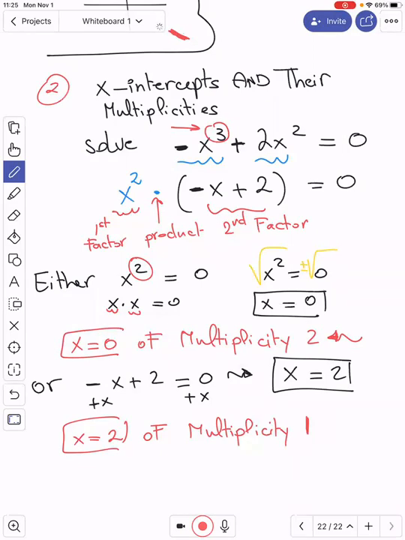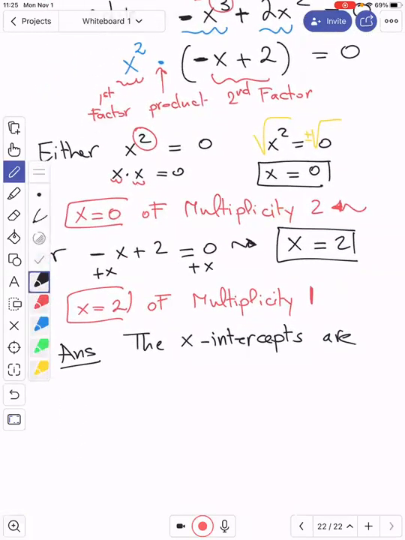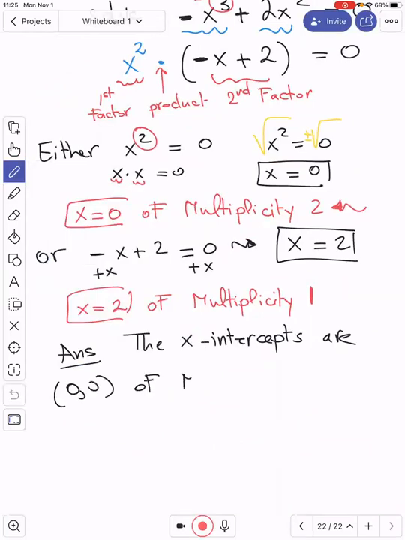So the answer for this step: the x-intercepts are, first, 0, which is of multiplicity 2, and then x equal to 2, so that's (2, 0), which is of multiplicity 1.